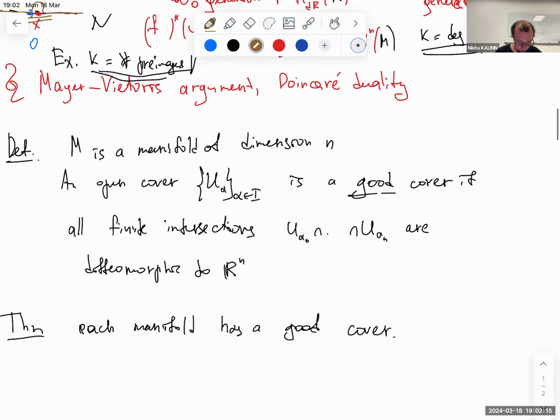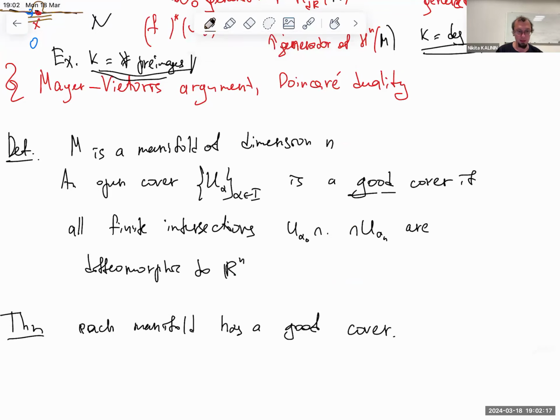Okay, now let's go back to some proofs. First of all, I want to define good covers. If you have a manifold of dimension n, you can consider open covers, and a cover is called a good cover if all finite intersections of the elements of the cover are diffeomorphic to R^n.